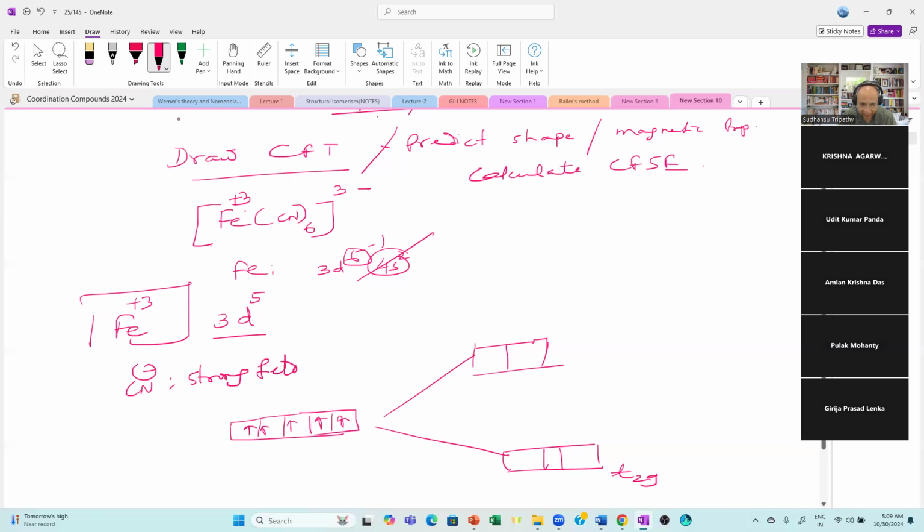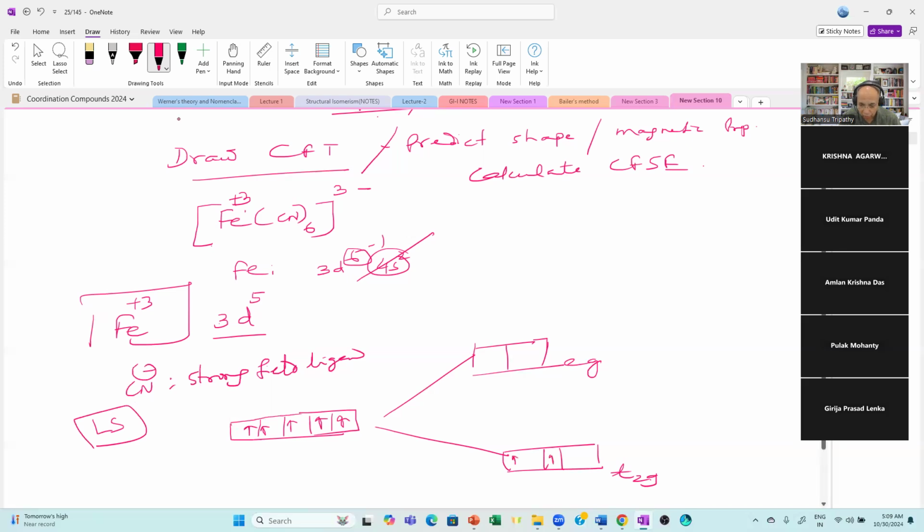But because cyanide ion is a very, very strong field ligand, and not only that, it is a pi acceptor ligand, in the spectrochemical series its position is almost at the end, and therefore it will form a low spin complex. All these 5 electrons will be first filled in t2g, and then if at all there is any excess, that will go to eg, which will not happen because only 5.